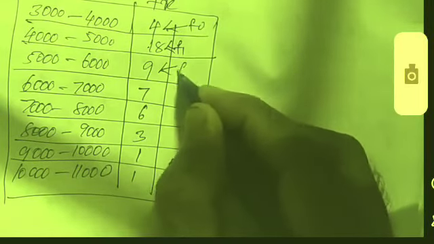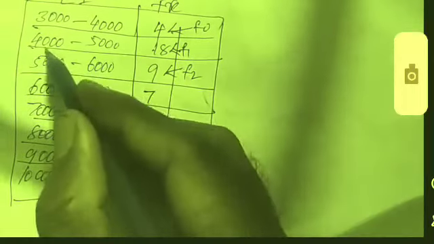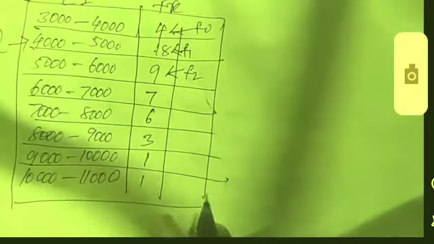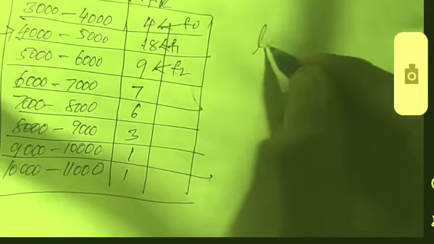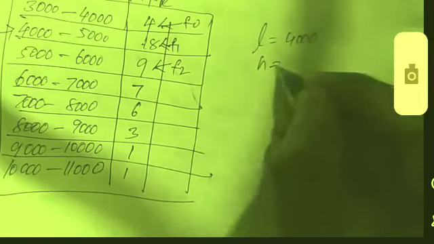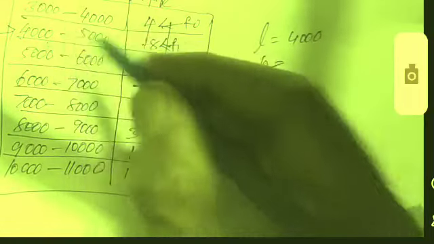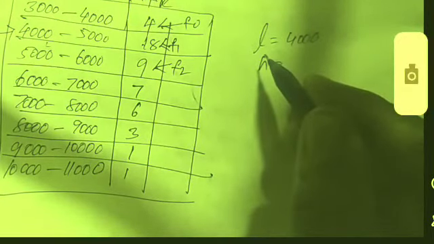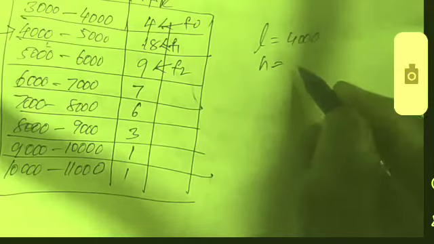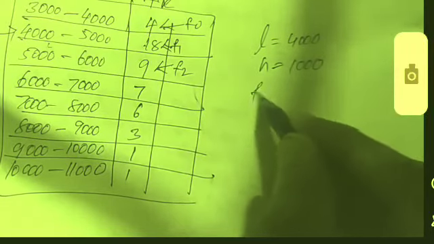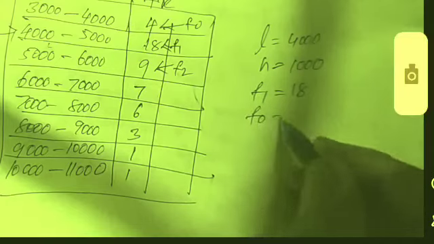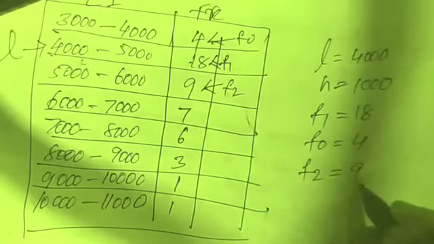So the highest frequency is called f1, below is f2, above is f0, and the lower bound of the f1 class, 4,000, is L. So L equal to 4,000, and H equal to the difference of two successive lower bounds, that is 4,000 minus 3,000, that is 1,000. f0 equal to 4, f1 equal to 18, f2 equal to 9.